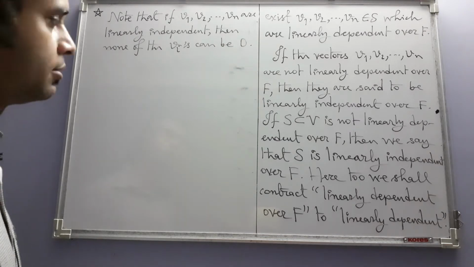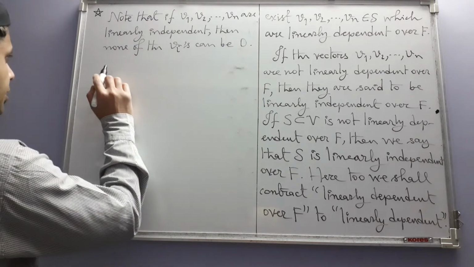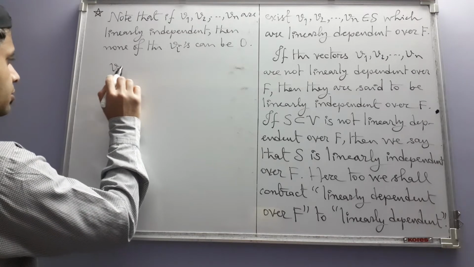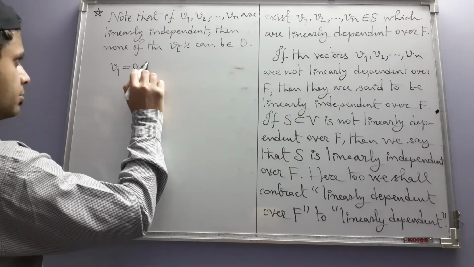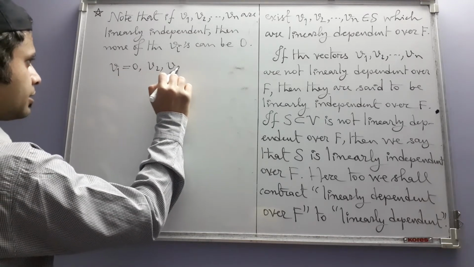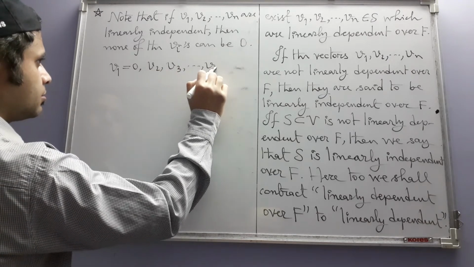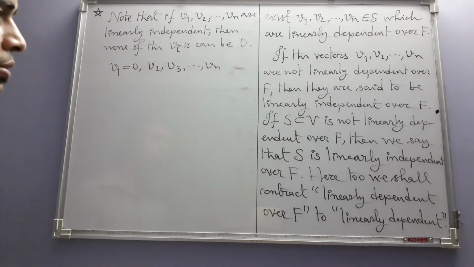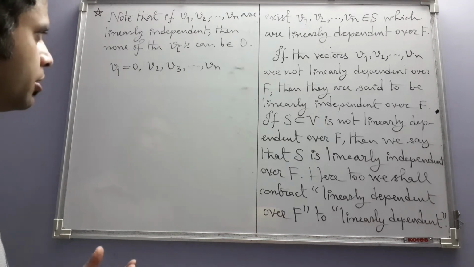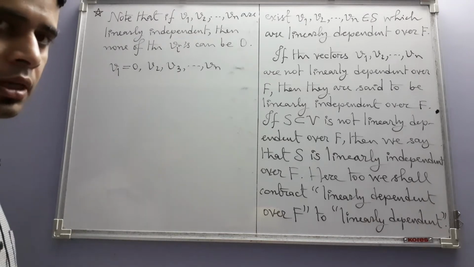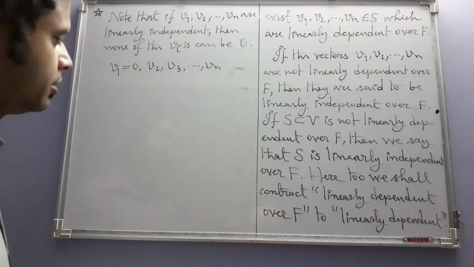Why is that so? That is because if you, for example, take v1 equal to 0 and you don't know what the other vi's are, then you have this choice of scalars that will give you a 0 vector.